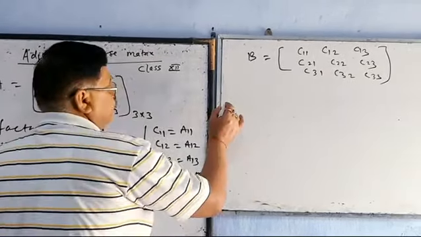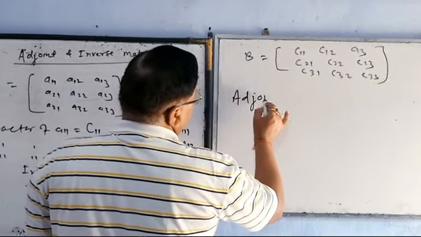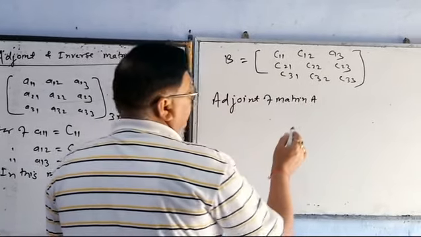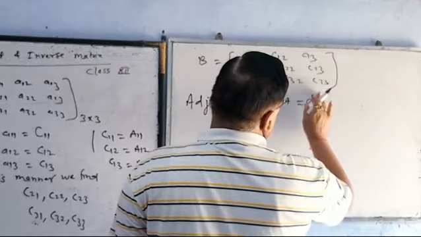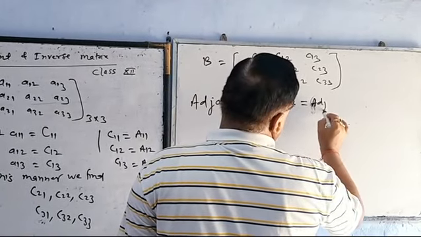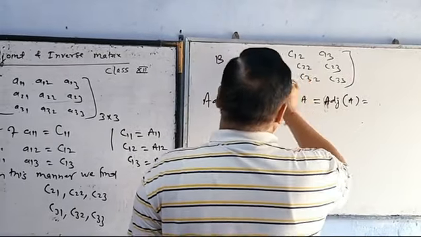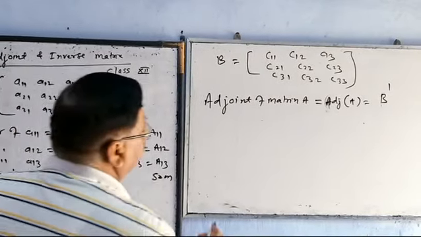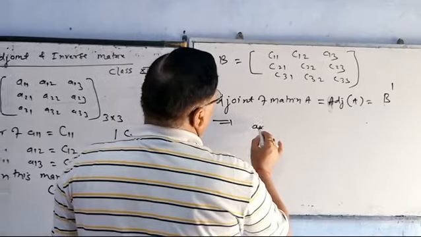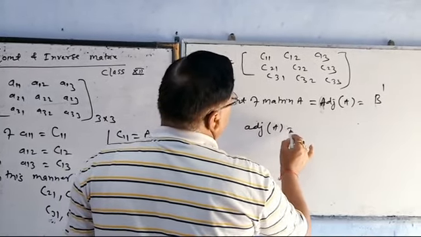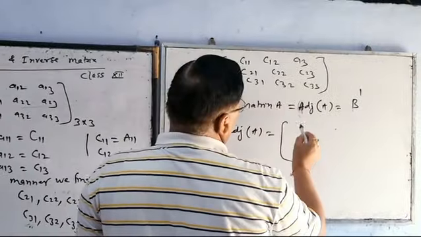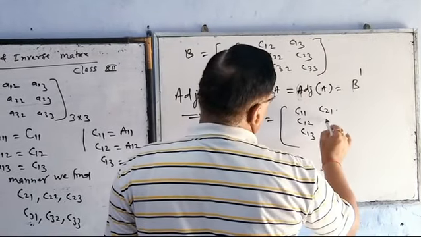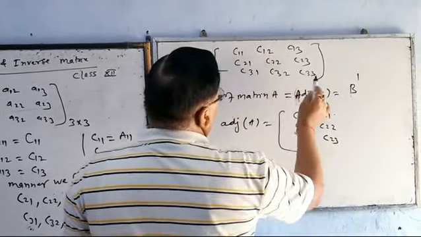So the adjoint of matrix A, in brief written as adj A, is the transpose of B. We take the transpose of B. Therefore, the adjoint of A is equal to: the first row converted into the first column, the second row into the second column, the third row into the third column.